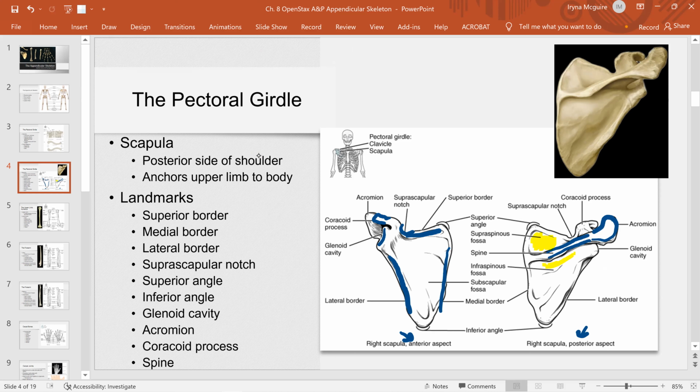This one is the infraspinous fossa. And on the anterior side, you can see the subscapular fossa. Those landmarks will be important because when we cover muscles, we will learn that above the spine we have supraspinatus, below we have infraspinatus, and on the anterior part of the scapula, we have the subscapularis muscle, right? So those are the major landmarks of the scapula.